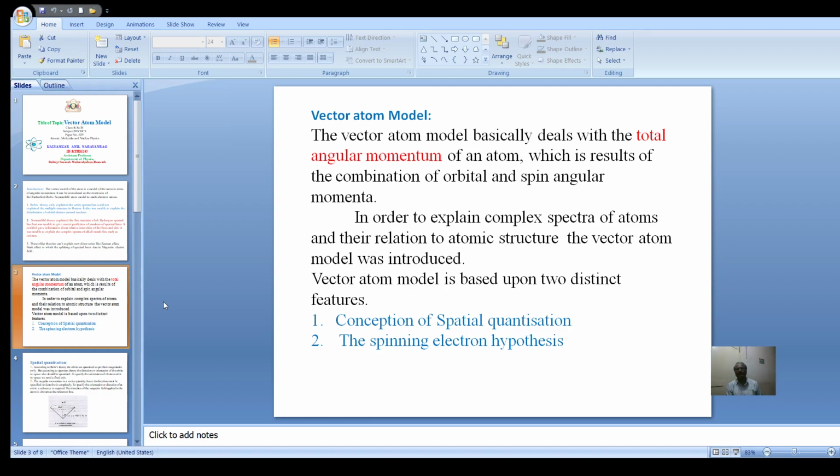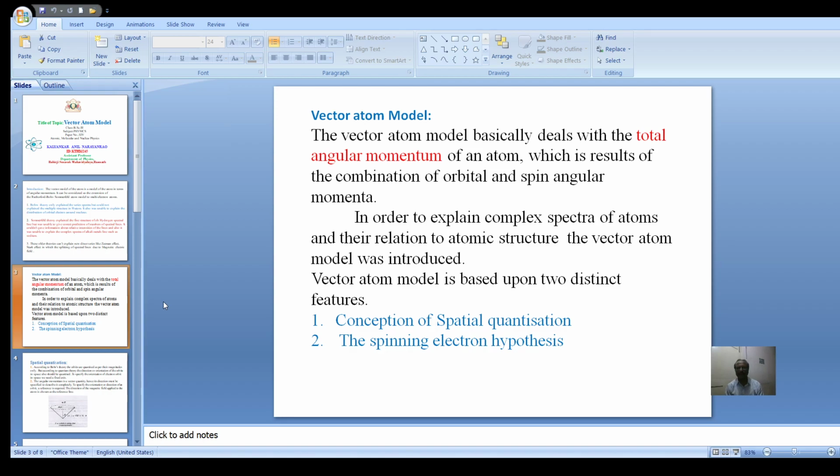So physicists suggested a new vector model of an atom which basically deals with the total angular momentum, that is capital J, which is the result of the combination of orbital and spin angular momentum, that is J equal to L plus S. In order to explain complex spectra of atoms and their relation to atomic structure, the vector atom model was introduced.